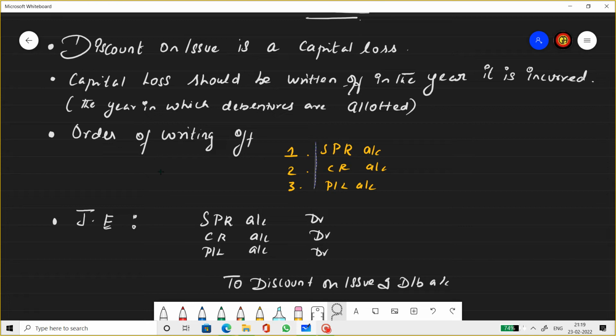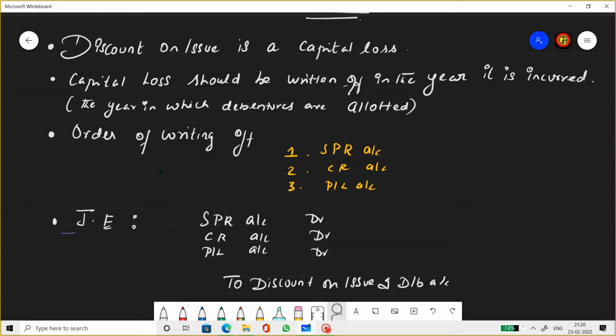So the order of writing off the loss is very important. And in case the question is silent about what is contained in SPR and capital reserve, then obviously you will transfer the loss to profit and loss account. So the order should not be changed.